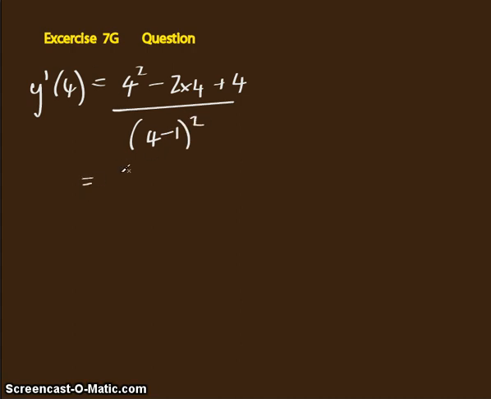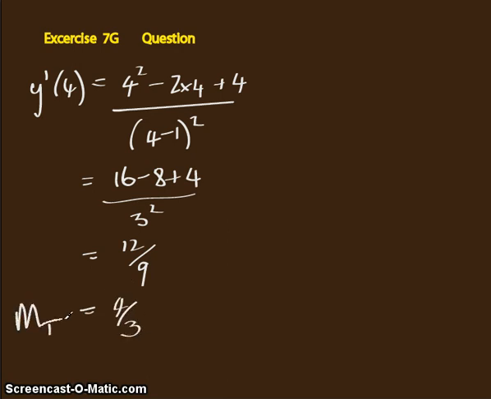Just need to evaluate this now. 16 minus 8 plus 4, all over 3 squared, which is 12 ninths, which I'll write as 4/3. That is the gradient of the tangent, that is 4/3.